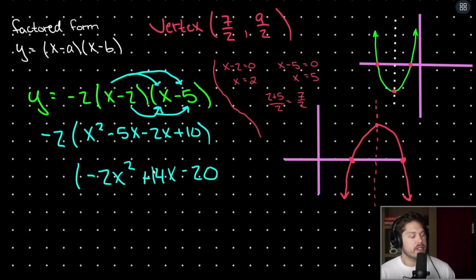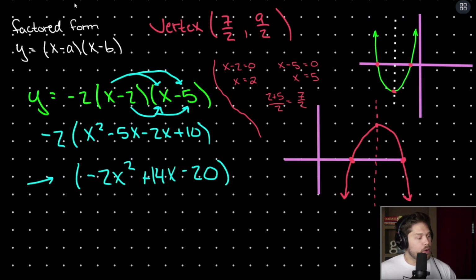And again, we got the 14x by minus 5x minus 2x is minus 7x. And then minus 7x times the minus 2 on the outside will give us the positive 14x. So whenever we multiply through our factored form, we get a standard form equation. And now we can use our standard form process to find the vertex.